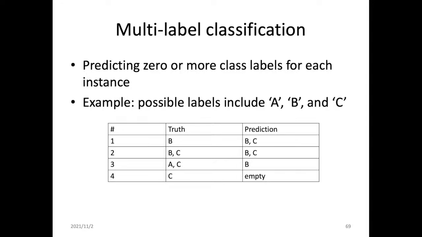So here's an example, assuming that the possible labels include A, B, and C. And here we have 4 instances. This is the truth. This is the prediction. And now we want to evaluate how good the prediction is. How to do that?